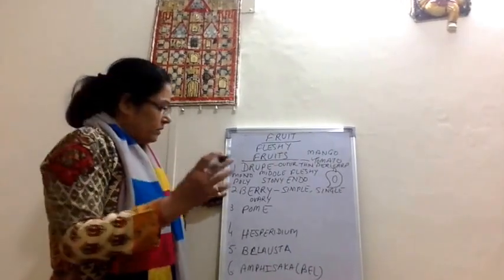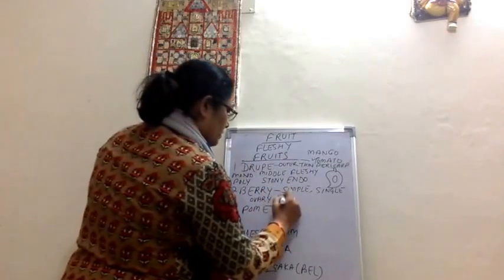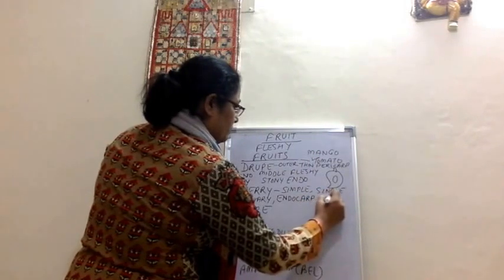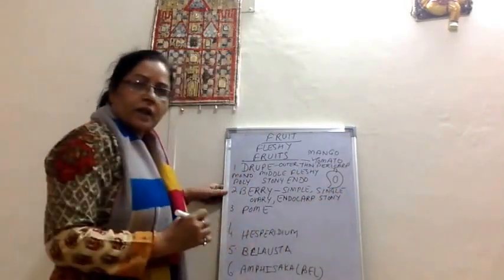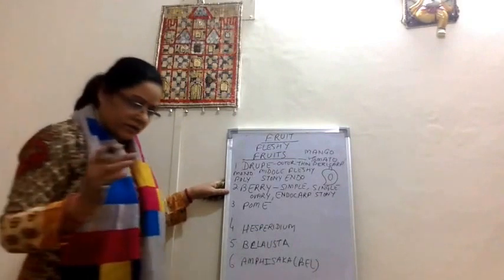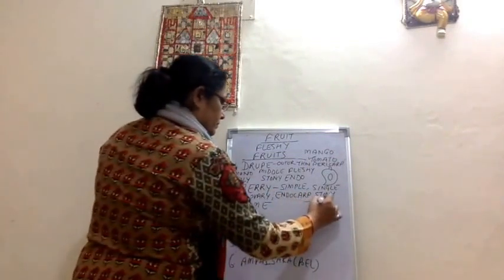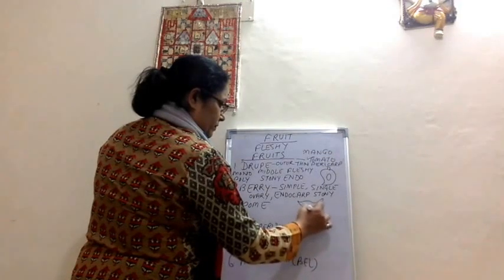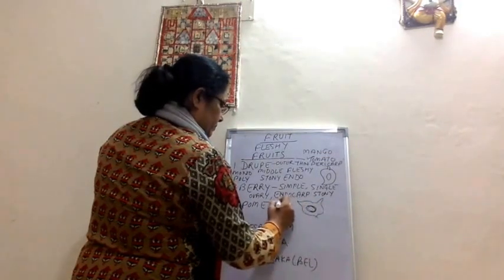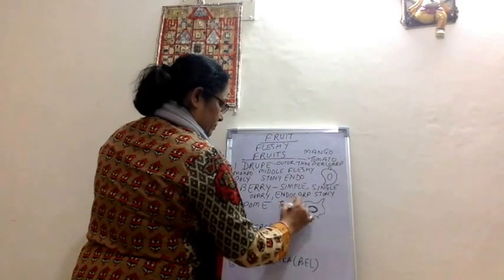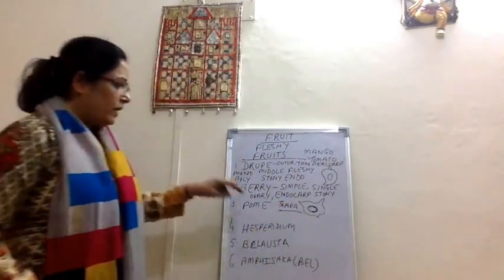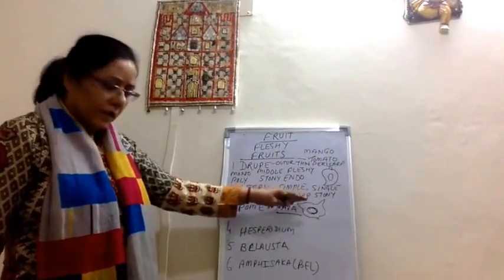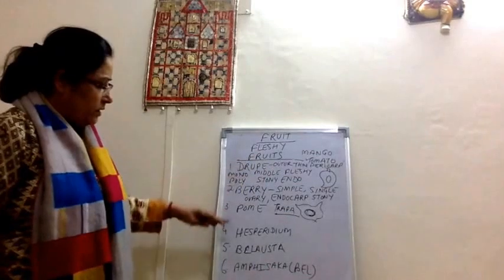In this also the endocarp is stony, like in Trapa, singada. Endocarp stony, simple, single ovary, sometimes syncarpous.